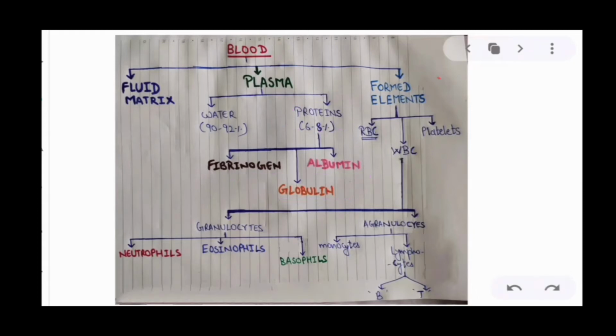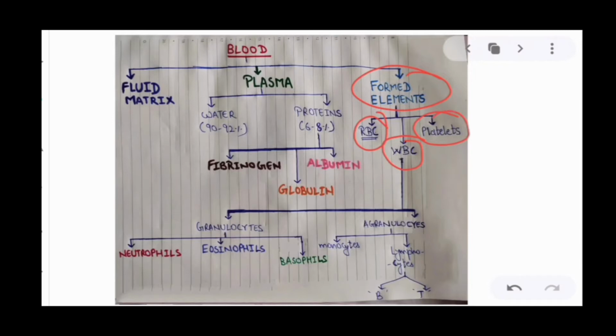The formed elements have 3 constituents: the RBC, the WBC, and the platelets. The RBCs are the red blood cells, which contain hemoglobin, which we will see in the upcoming slides.